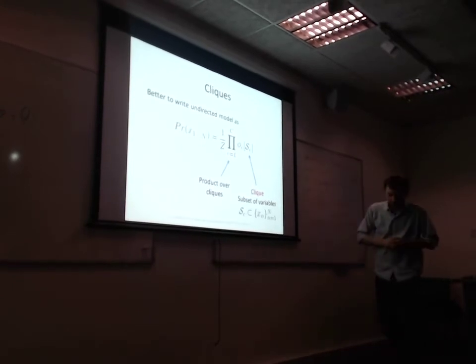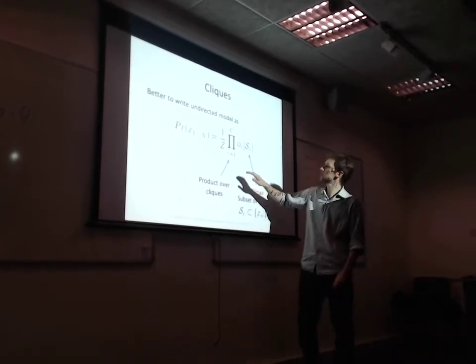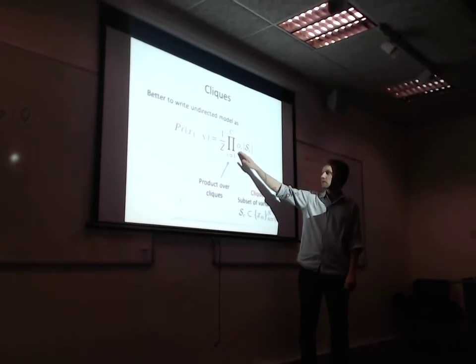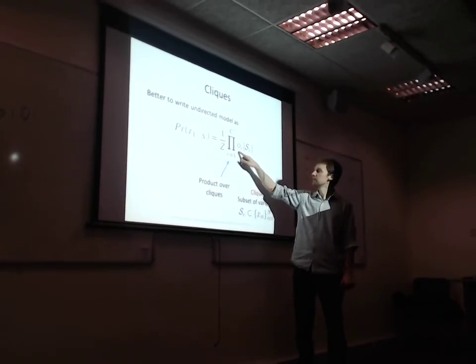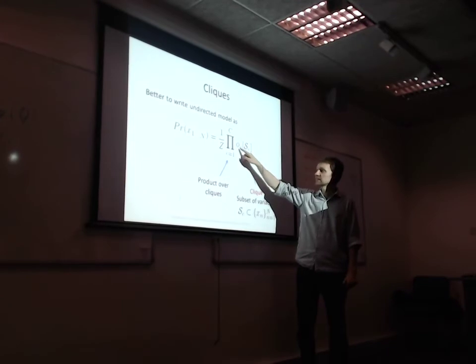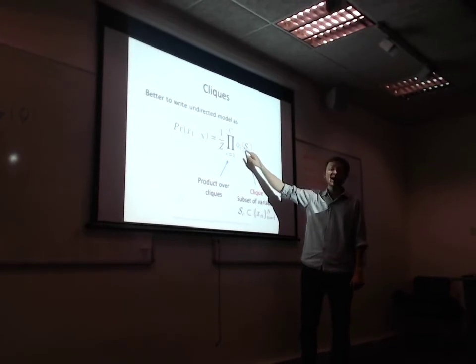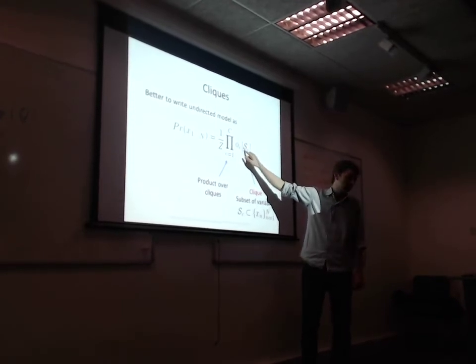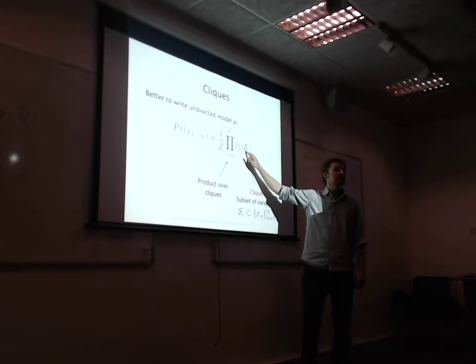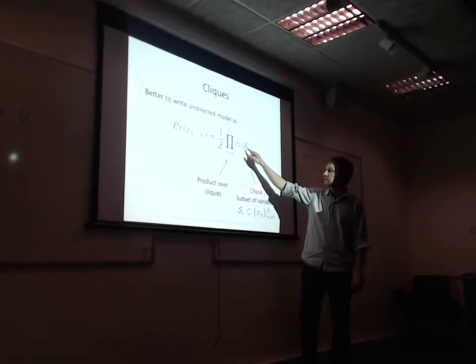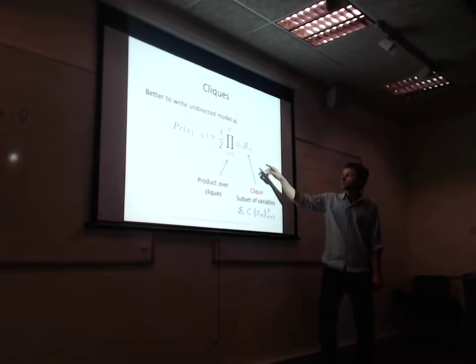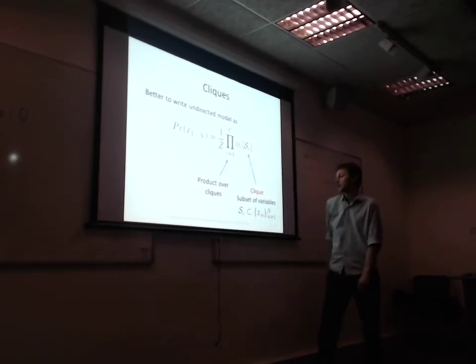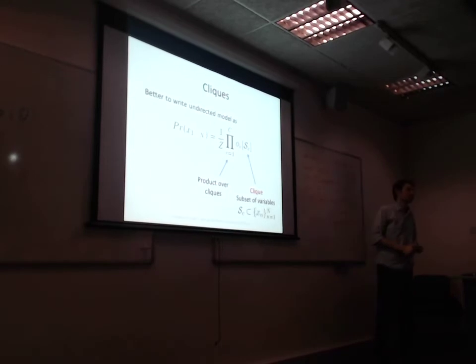All right. So I said for these potential functions, we're going to multiply over the potential functions, and inside of each potential function, we're going to look at not one of the variables, not all of the variables, but some subset of our different variables. So this subset, indexed with a C, as you see here, is referring to, I don't like this word very much, but it's a clique or a collection, if you prefer.